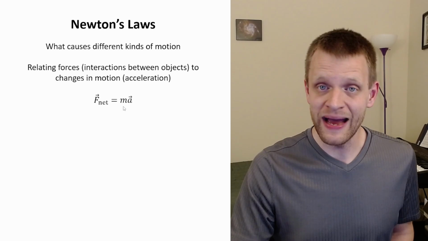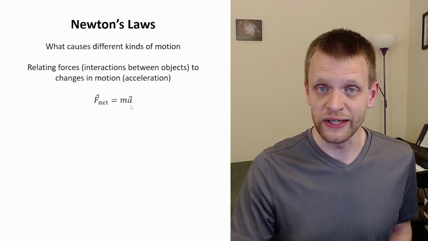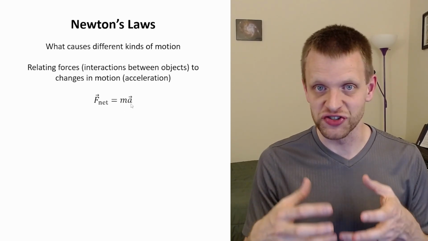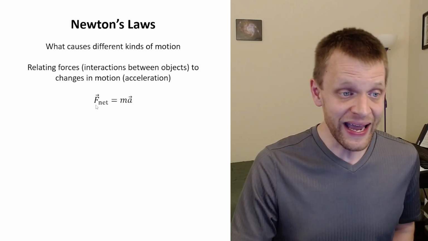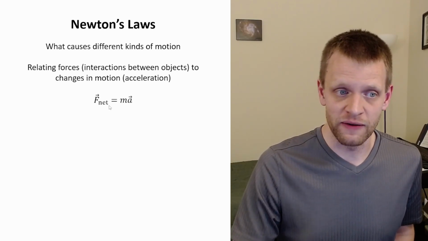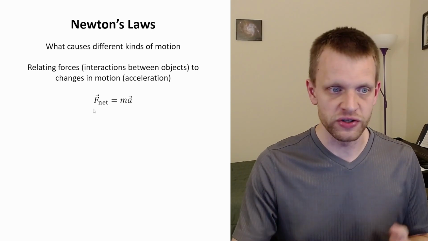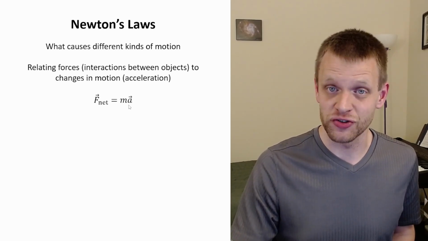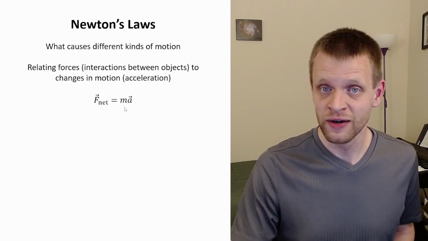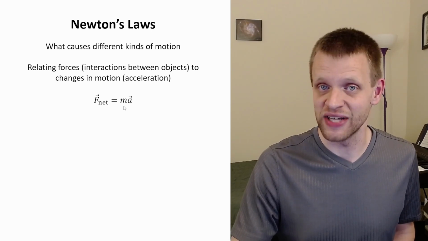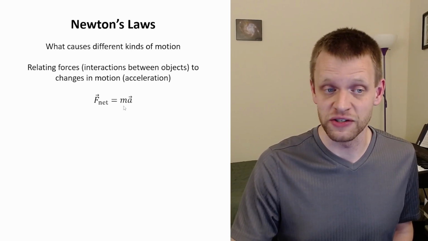The higher the mass, the lower the acceleration is going to be. Mass is an object's resistance to acceleration. And the direction of this net force, the sum of all these forces, is actually going to match the direction of the acceleration, since, as far as we know, the only masses that we know of are positive values.